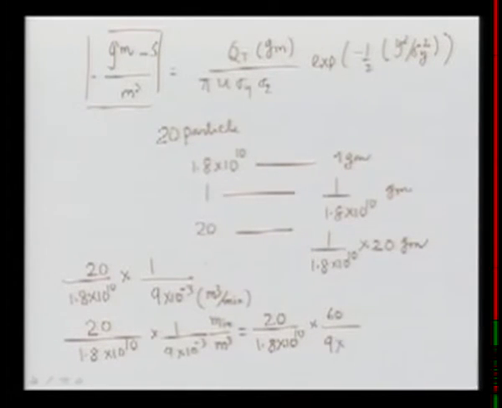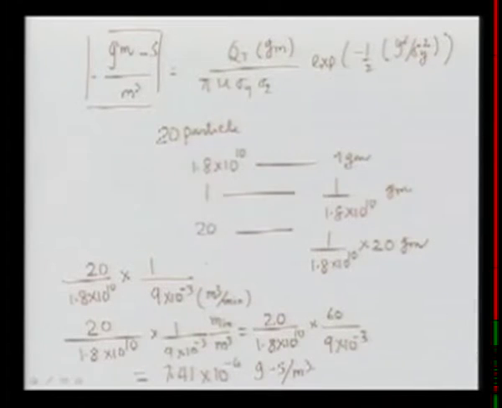9 into 10 to the power minus 3, and that will come out to be equal to, I can use the calculator here to find out the things, and this value comes out to be 7.41 into 10 to the power minus 6 grams second per meter cube.